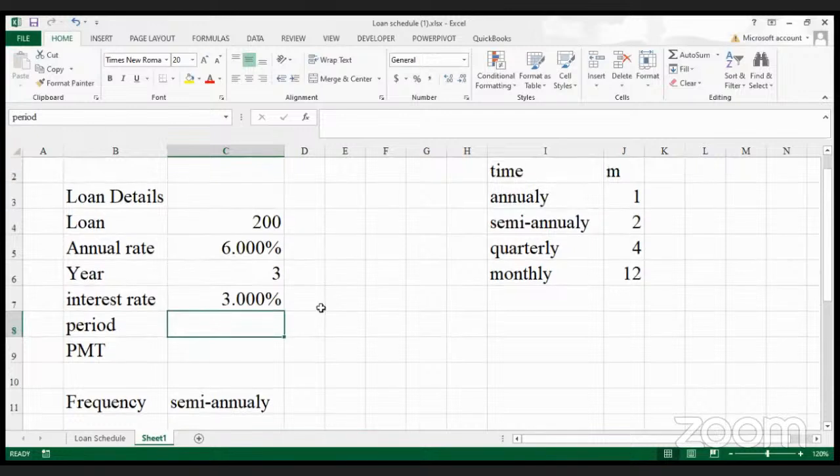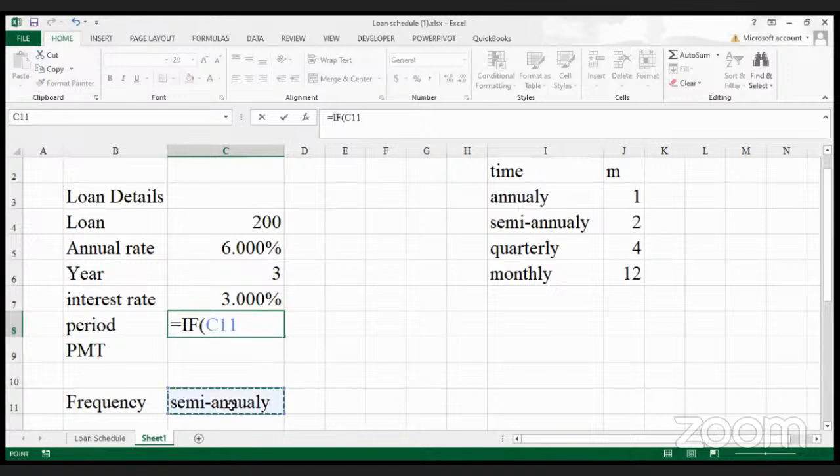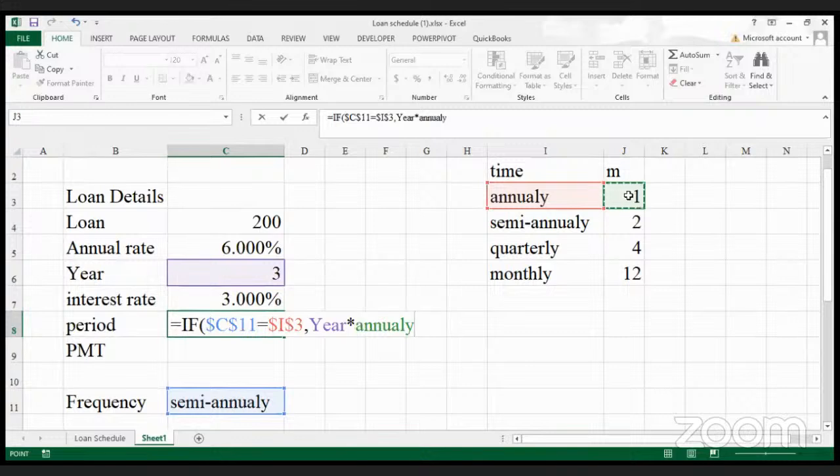Remember, now it is the opposite: not dividing, but multiplying. So we'll say equal to IF our frequency key is equal to annually, fully locked, comma, we are going to take the year, multiply by the frequency, comma.